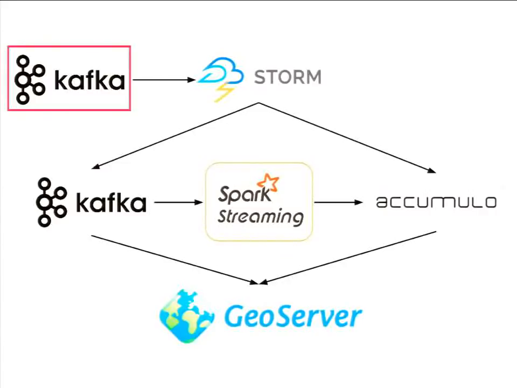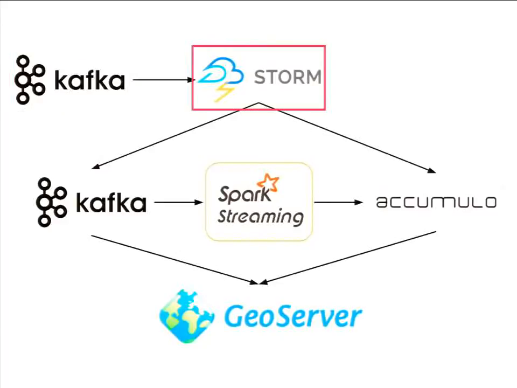So, for instance, say I was a shipping company, and I had a bunch of ships worldwide, and I wanted to track their positions, and they had GPS data, they had sensor data coming back at me. I could funnel that all to a Kafka queue, and then pull that off of the queue and process it in Storm, where maybe I'm parsing out some data, enriching the data with some other qualities, maybe the ship name, maybe the cargo, whatever.